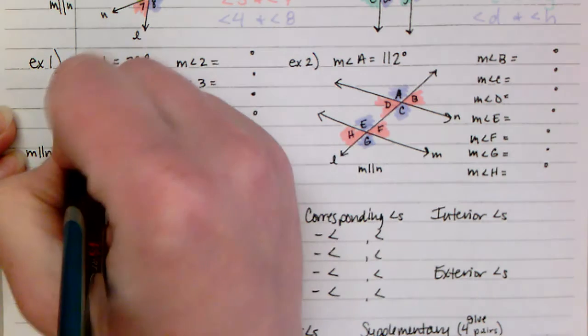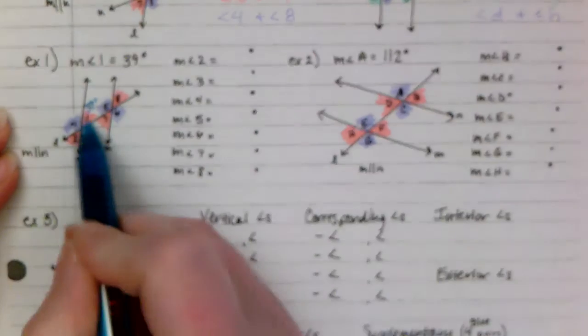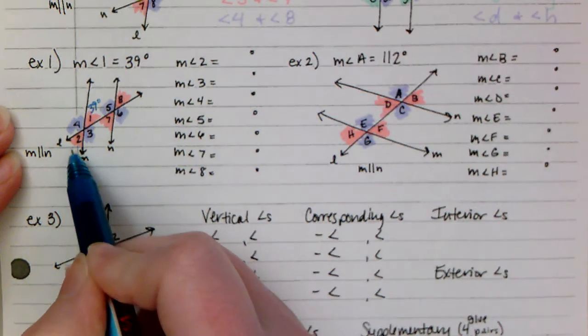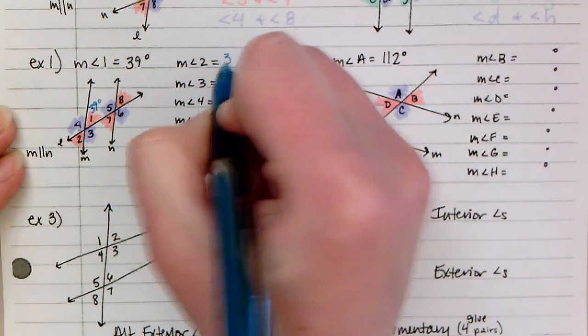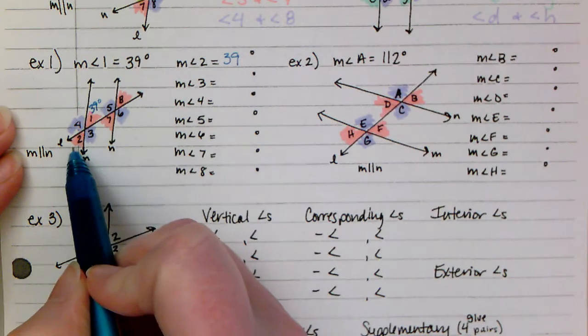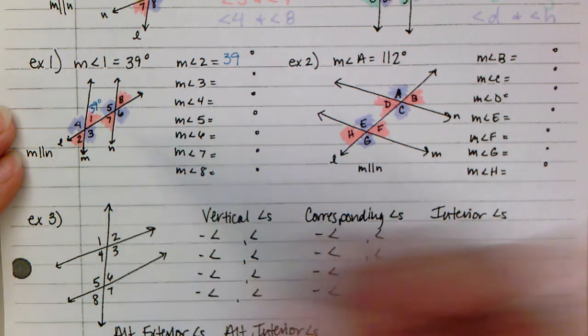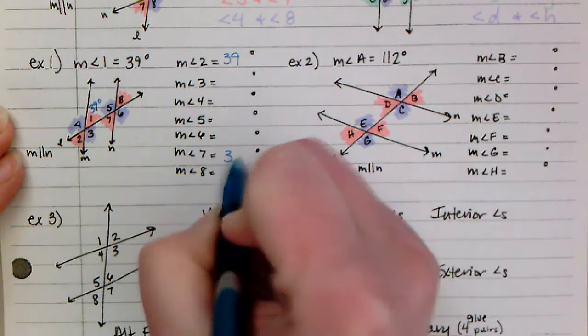So we start by knowing that angle 1 is 39 degrees. Now, because I know angle 1 is 39 degrees, I also know that angle 2 is 39 degrees because it's a vertical angle. If I know angle 2 is 39, angle 7 corresponds to that one, and so that has to be 39 degrees also.